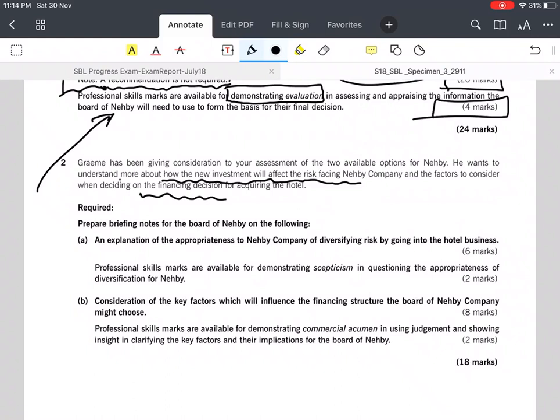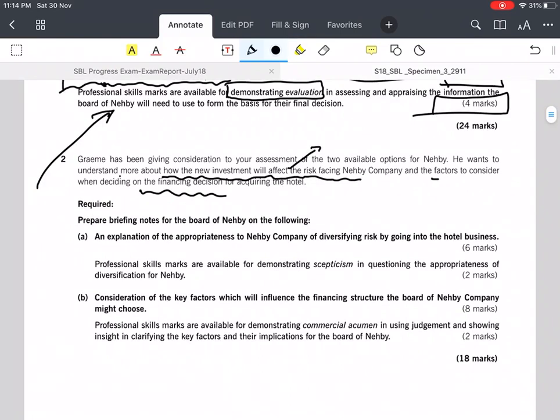Now, in this part, we will be discussing how these two options will help Nearby to diversify its risks, and what factors it should consider before taking a financing decision. That is, which source of finance it should be choosing, and what factors it should consider for that particular choice.